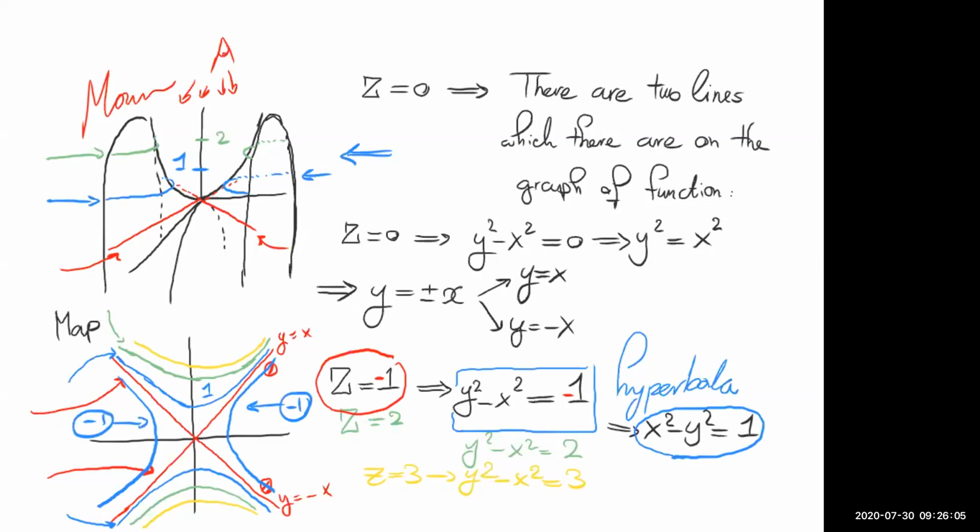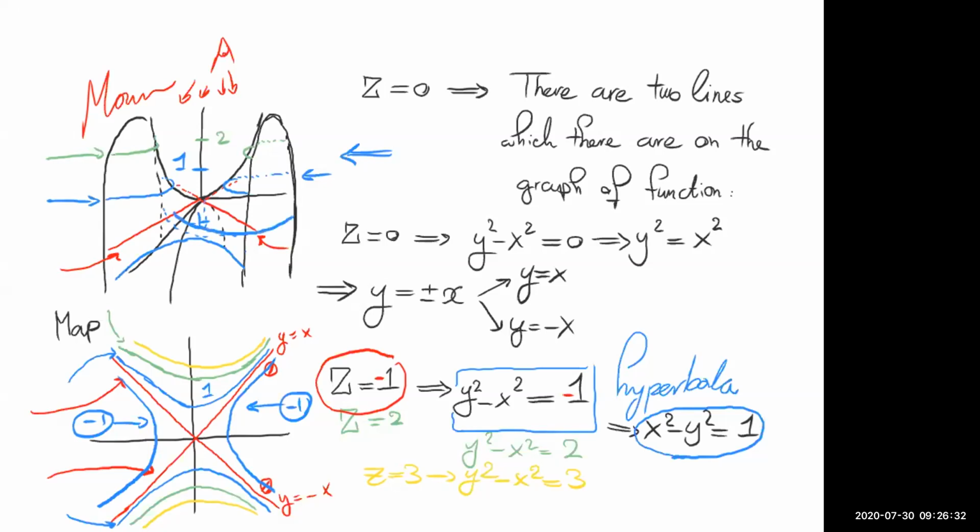Now, where is it on the graph of the function? Well, actually, that's here. If this is where minus 1 is, these are, for example, the points on this saddle or on this mountain where the elevation from sea level is minus 1. And then there is another curve on the other side of the mountain, which is not towards us.